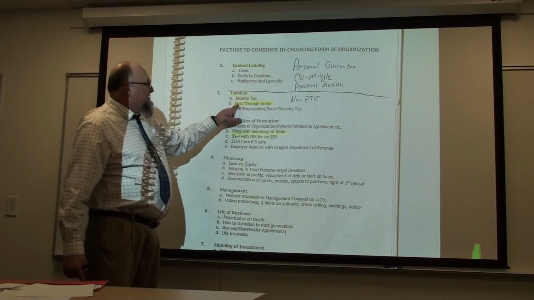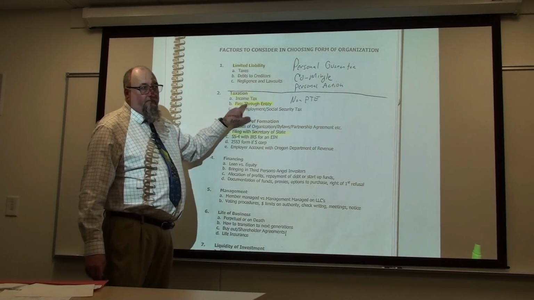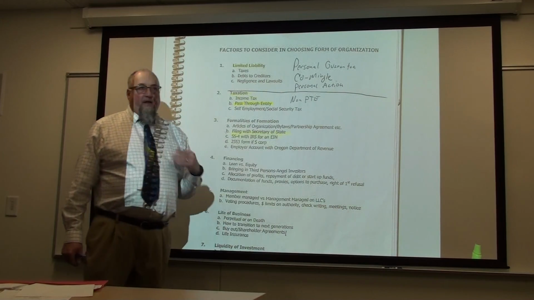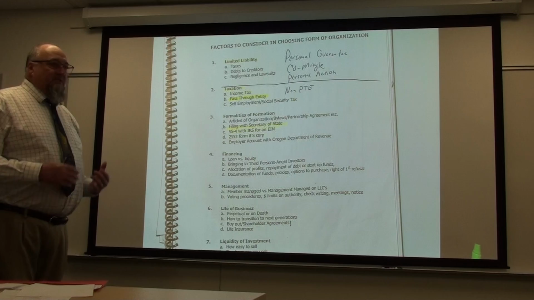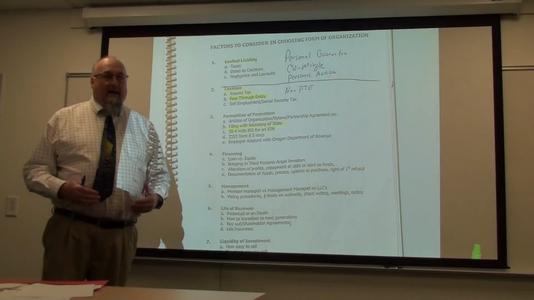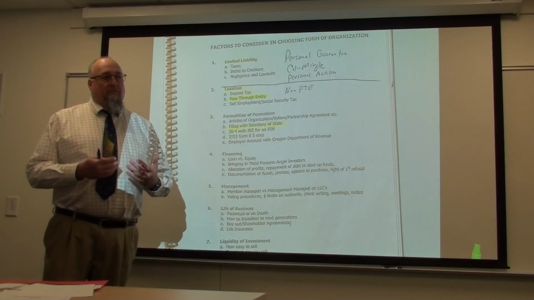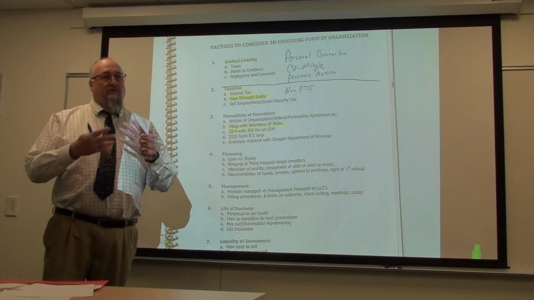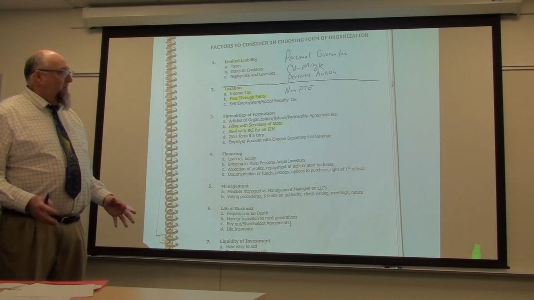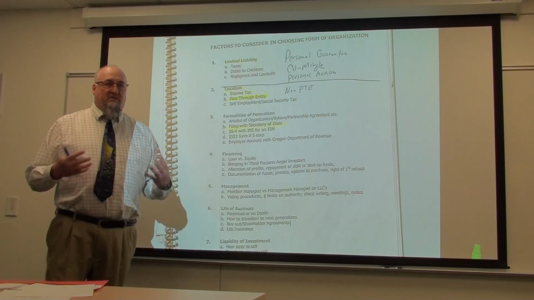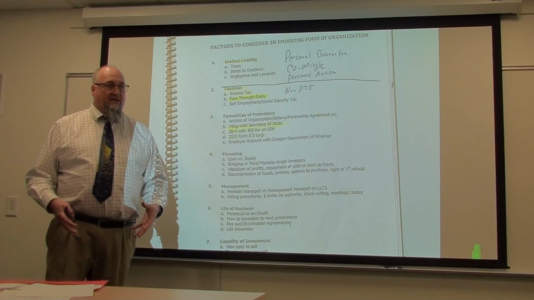So a pass-through entity. Now what we mean by that is the entity itself is not subject to tax on its profit. But the profits pass through out to the owners at the end of the year, and the owners then pay tax on the profits themselves when they file their individual tax return.